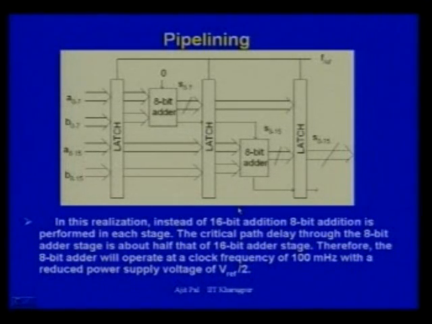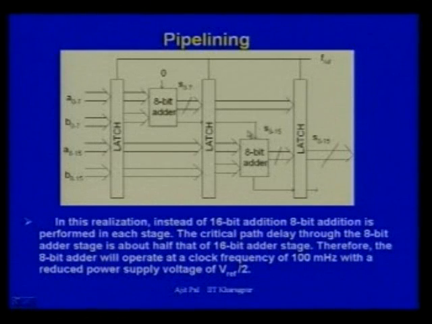In fact, all modern processors have this pipeline implementation. So whenever you go for pipelining, you can keep the frequency the same, but since you are using 8-bit adders, obviously the delay will be half that of the 16-bit adder, and so you can reduce the supply voltage by half if it is operating at the same frequency.